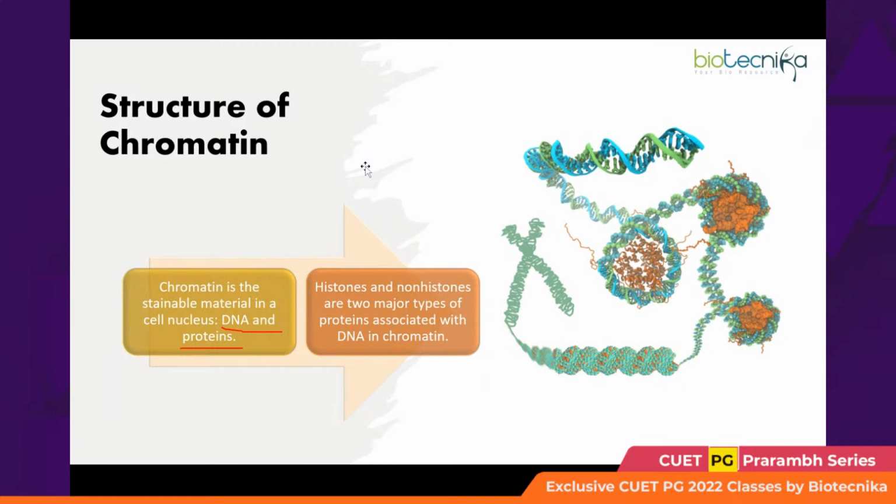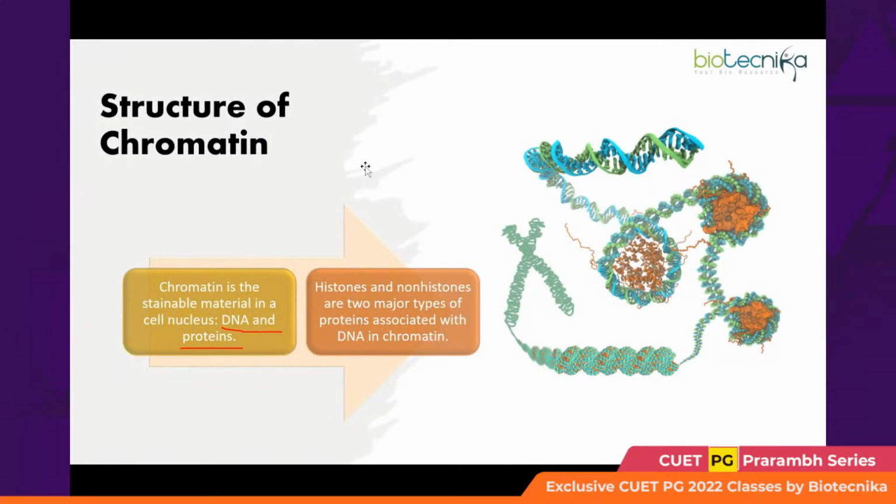When you have seen a slide of the cell cycle, we see only the chromosomes, because chromatin is the stainable material in the cell nucleus, and this chromatin is made up of DNA plus proteins.